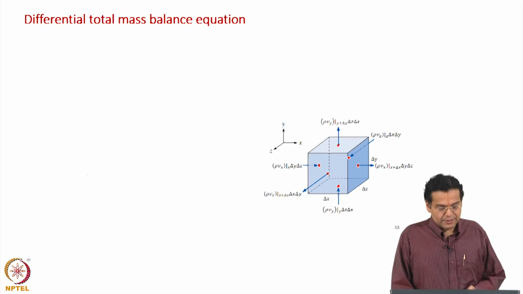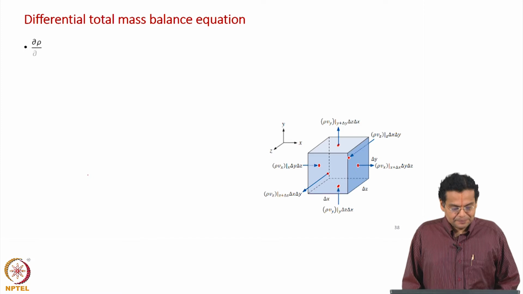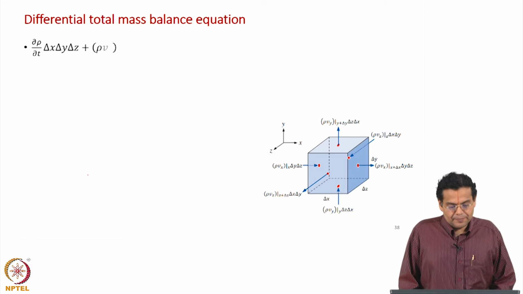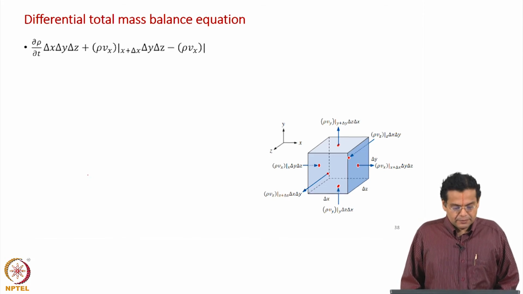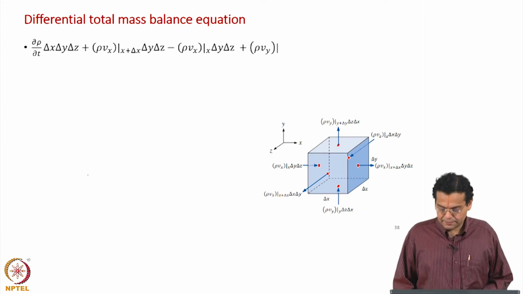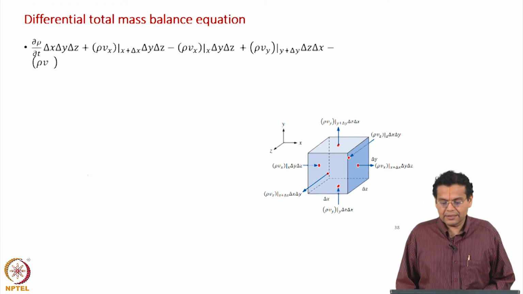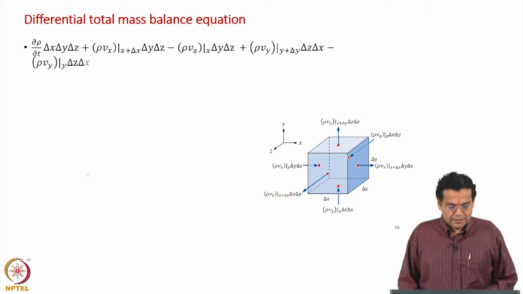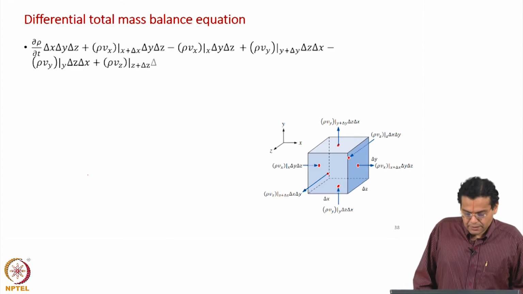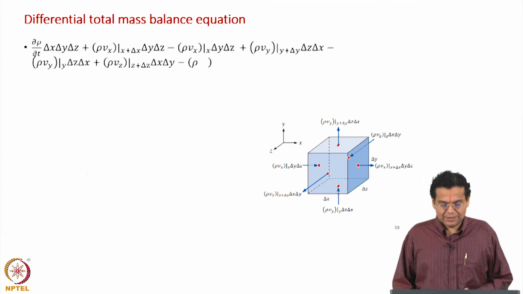Okay. So, let us rewrite that equation here, the expression which I have seen in the last slide. Those are the terms for the x direction, and then these are for the y direction, and then for the z direction as well.